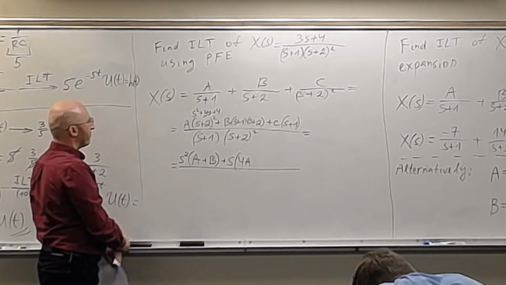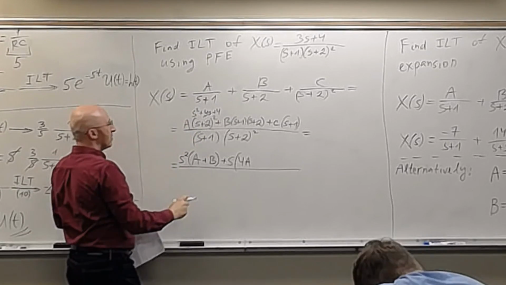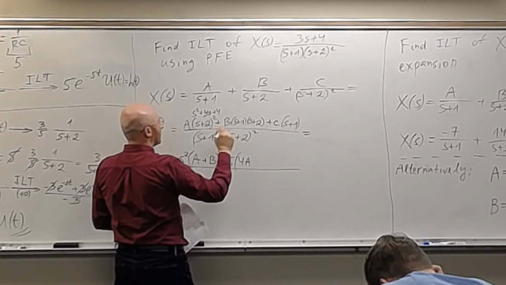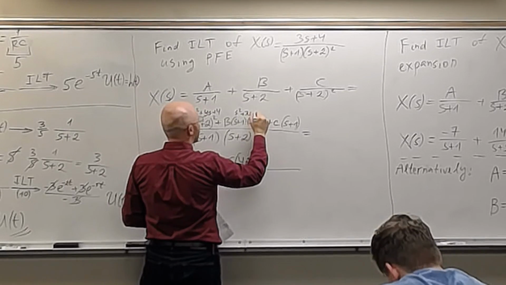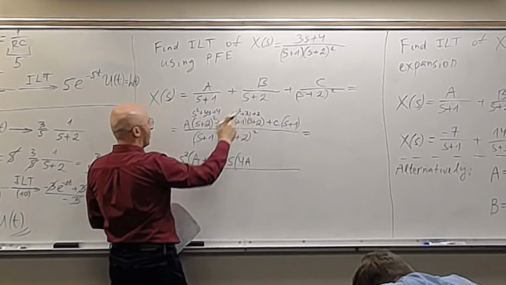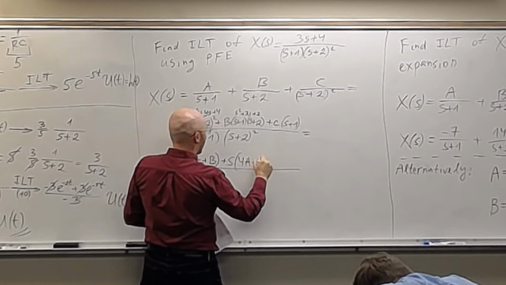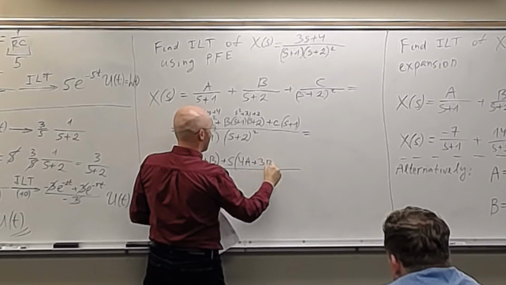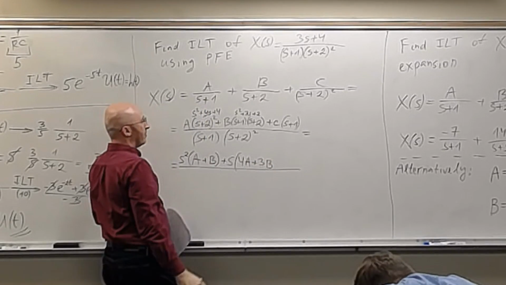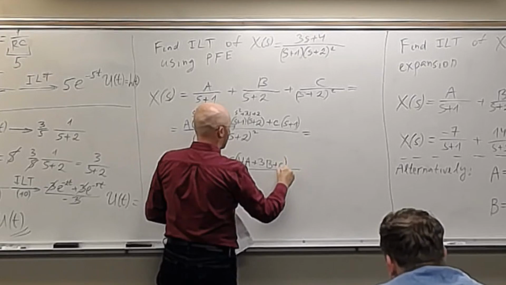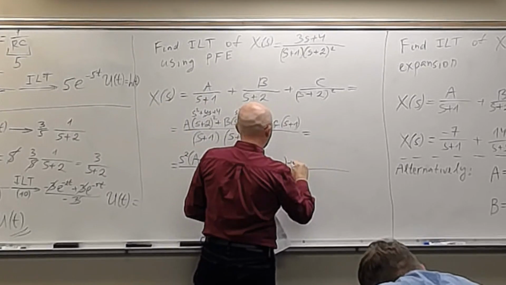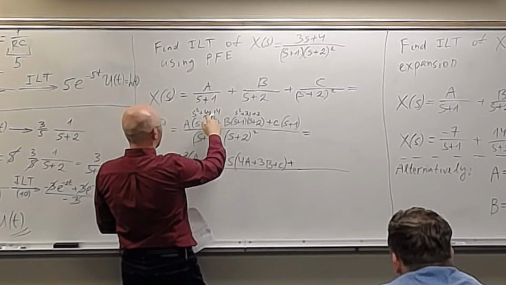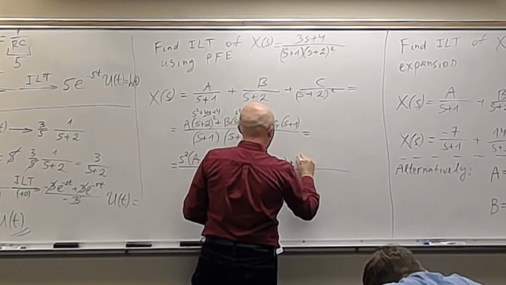Okay, so you have 4 times a. From here we have s squared plus 3s plus 2, so here we have plus 3b and plus c. And now the free coefficient. What is left is a times 4, that is 4a.